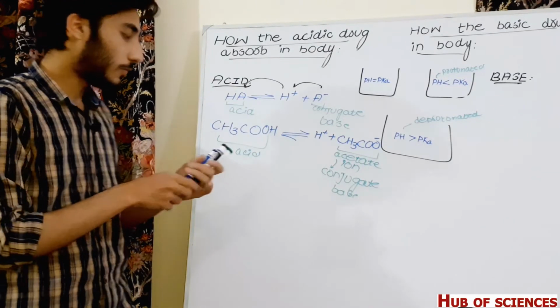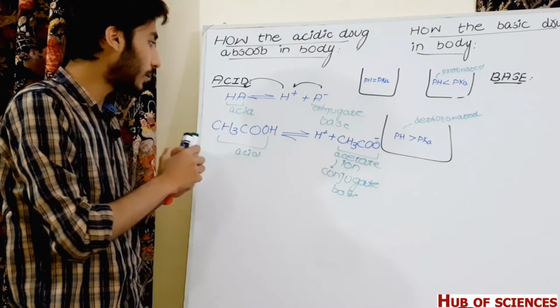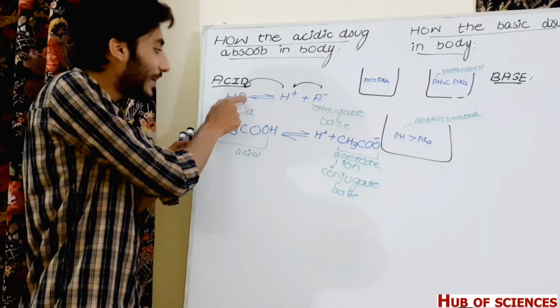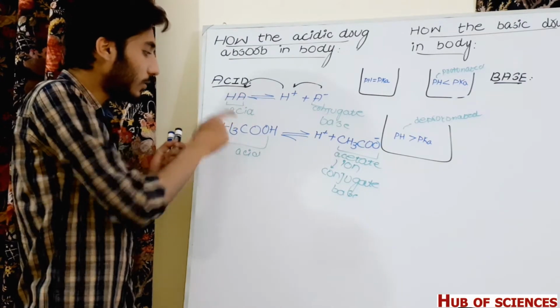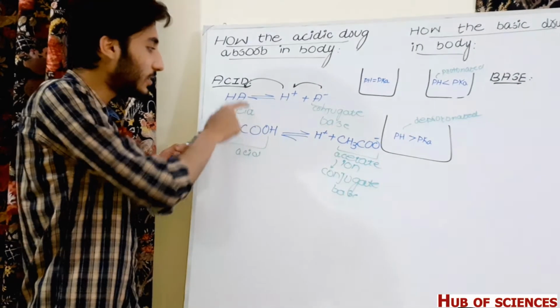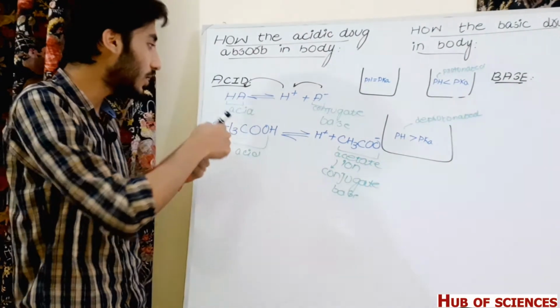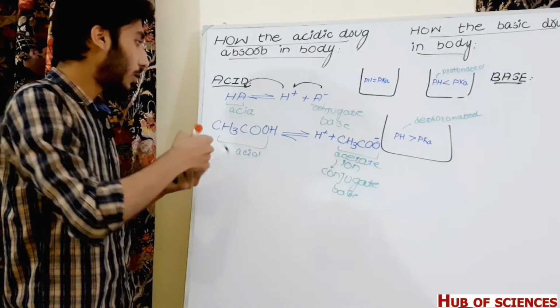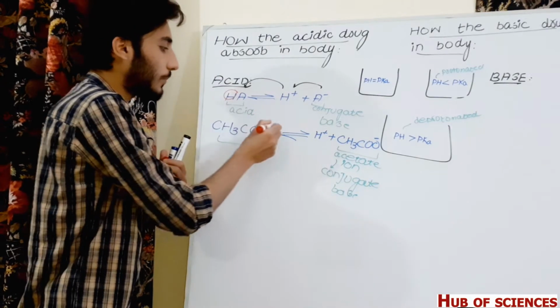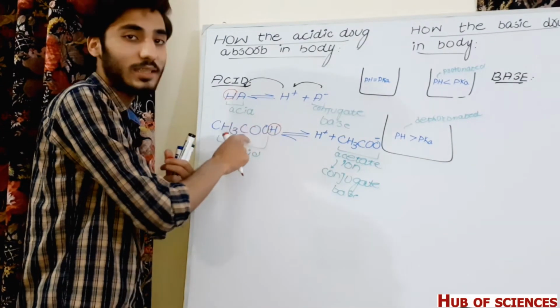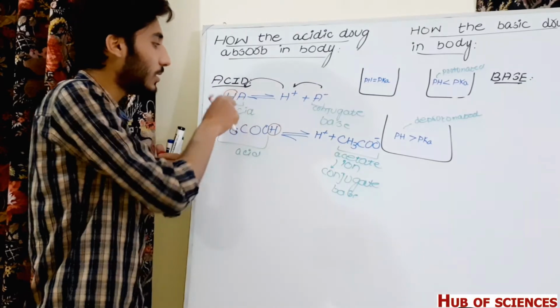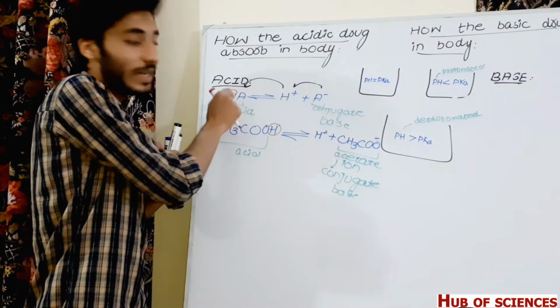Now we can say that this form of acid is its protonated form. Why do we call this the protonated form? Because in this, the proton, the hydrogen, is attached to this species. In the same case, the proton is attached to the species.